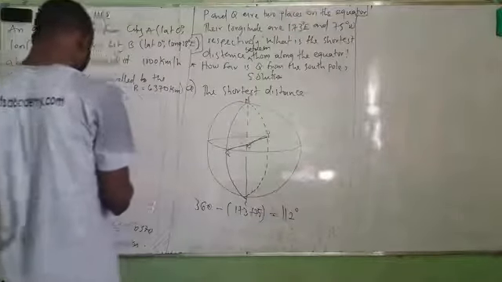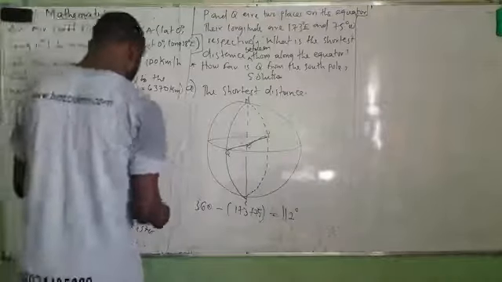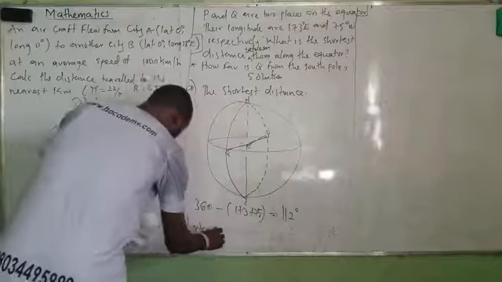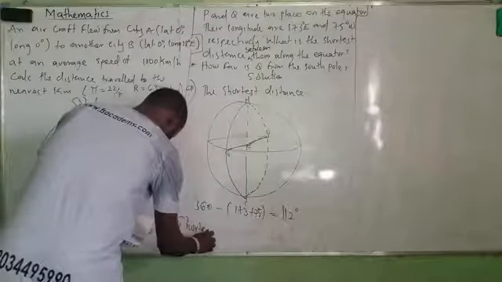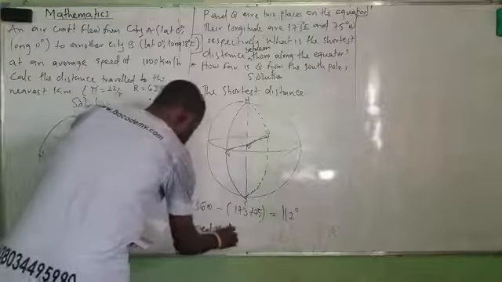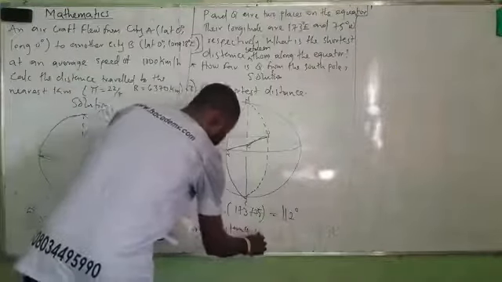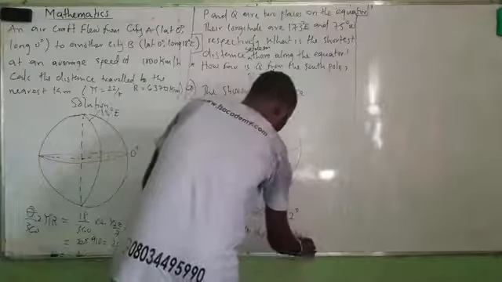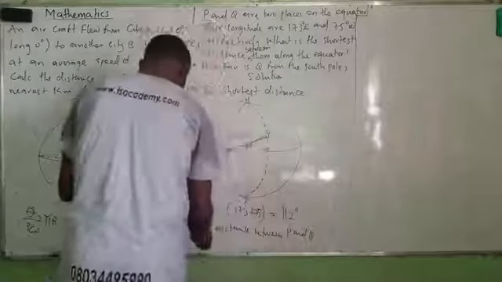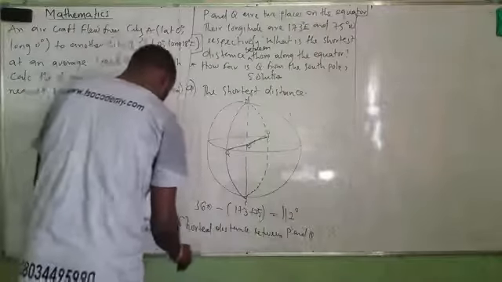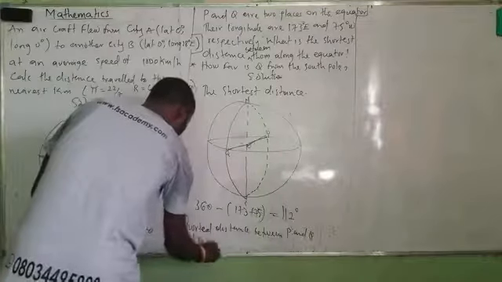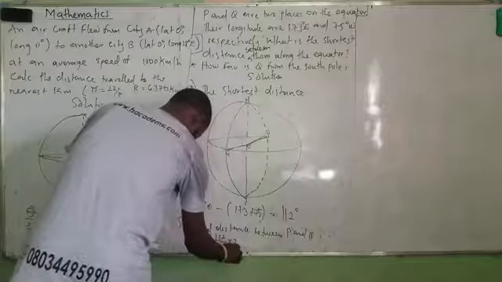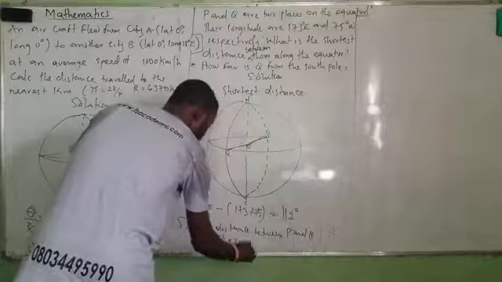My shortest distance between P and Q will be 112 divided by 360 multiplied by 2 multiplied by pi big R.